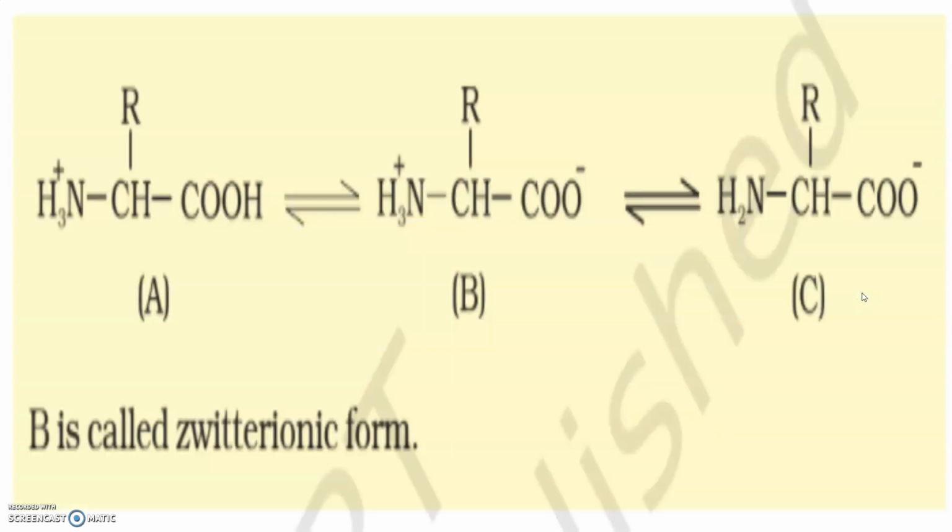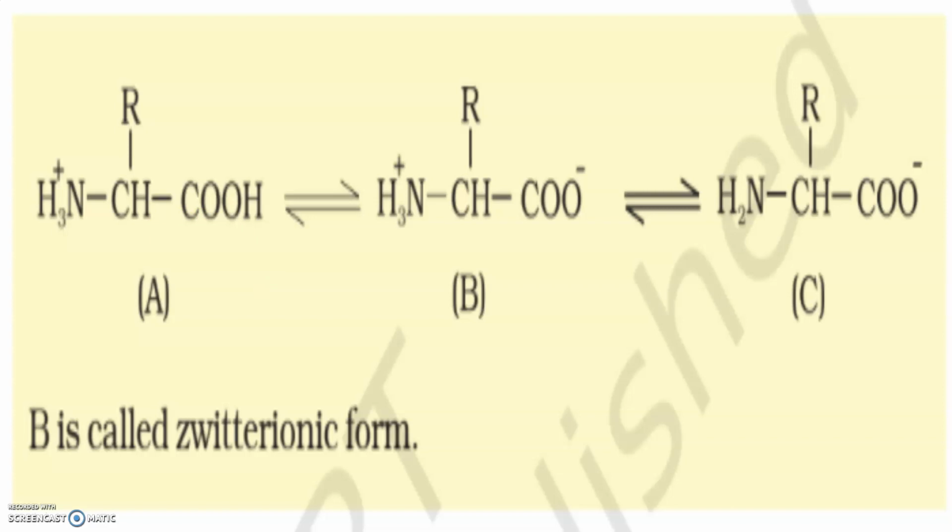Amino acids. Amino acids are organic compounds which contain an amine group and an acidic group. You can see here an amine group and an acidic group. Now, as the acidic group is on the same carbon, that is the alpha carbon, they are called alpha amino acids. They are substituted methanes.